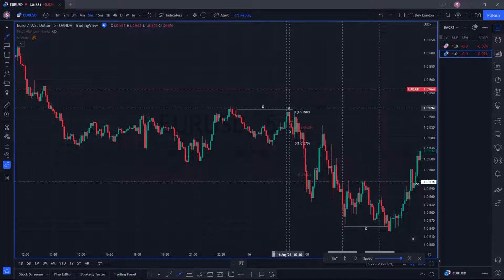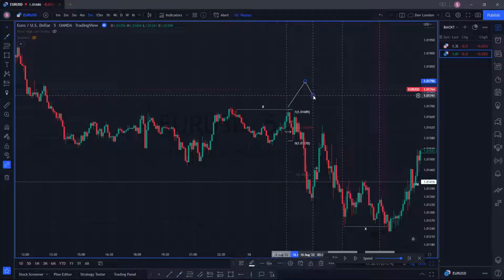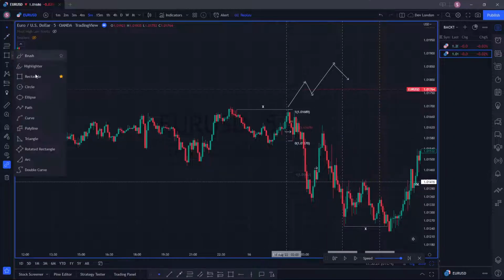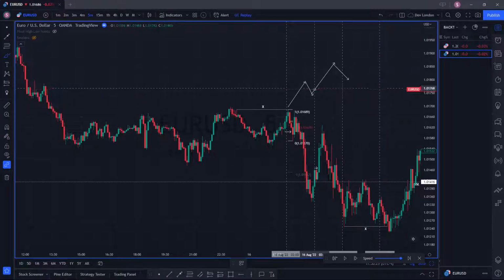We could have just had something like this, and then a continuation, retracement, continuation, retracement. Now on the M5, it would look like this, but on the 1 minute time frame, which has much more fluff, it will look like this.